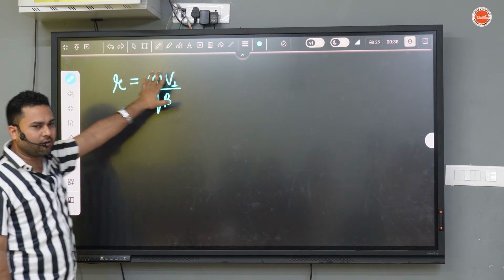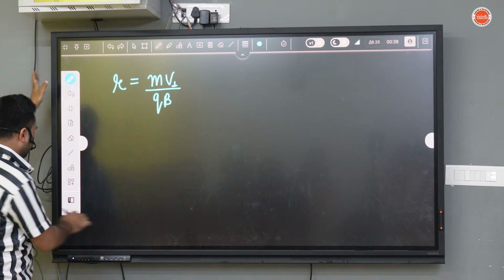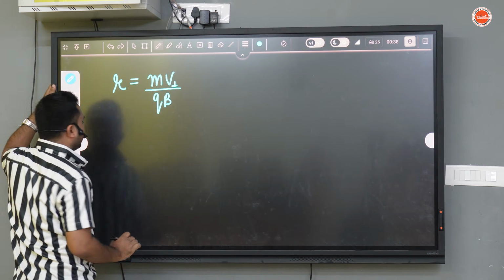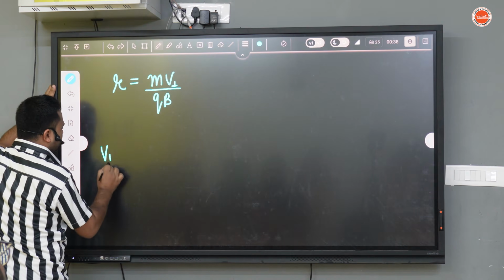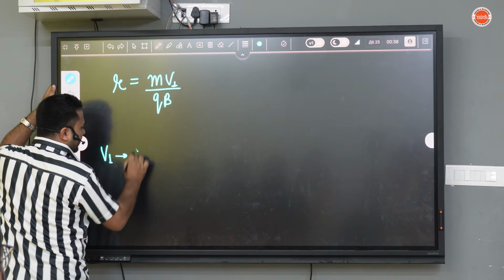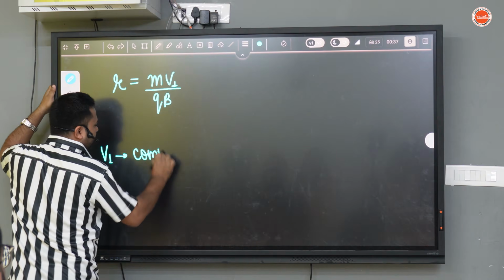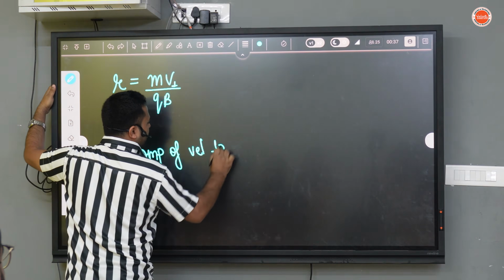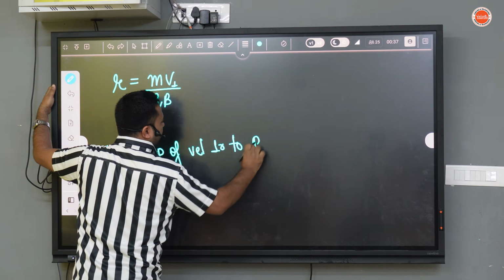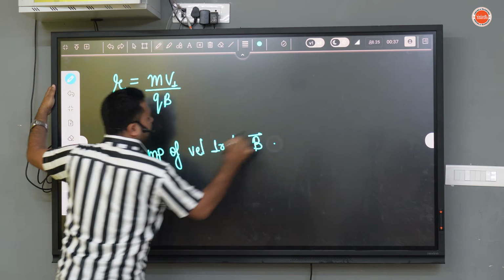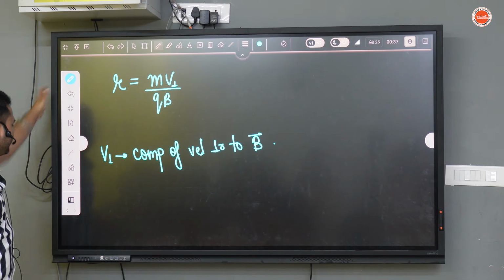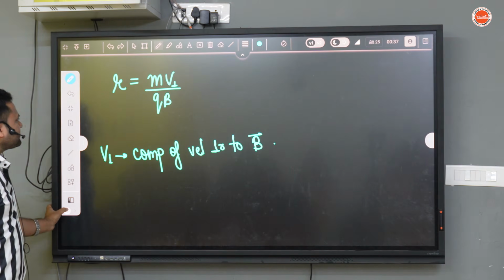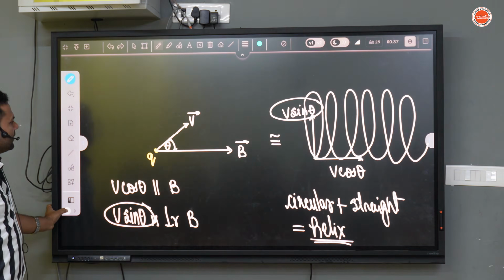If you write v perpendicular also, there will be no changes. Let me show you. Why am I writing v perpendicular? v perpendicular is that component of velocity perpendicular to the magnetic field. See, here if I write, come to the first slide.